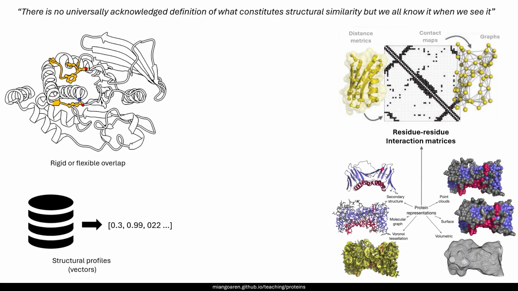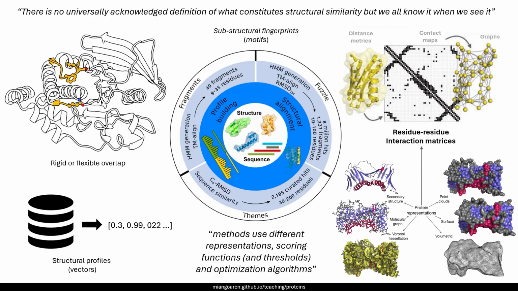Then they find that there is enormous diversity in the way we can represent the same object, and there are even those who suggest that we should not take the folds as the unit of recognition, but that we can go to higher levels, even smaller, at the level of what are known as structural signatures or motifs, which are small configurations of structure that happen to be shared between multiple proteins that are not evolutionarily related, but these small fragments are present and serve as signatures at the structure level.